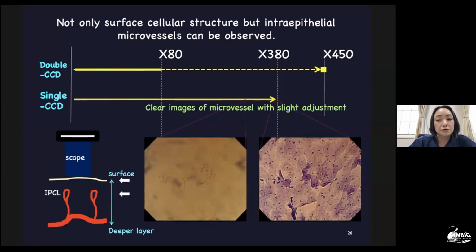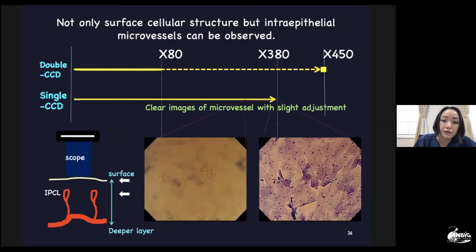But if you lower the magnifying power a little bit, then you can focus on the IPCL, the intraepithelial microvessels, just like the image on the left side.